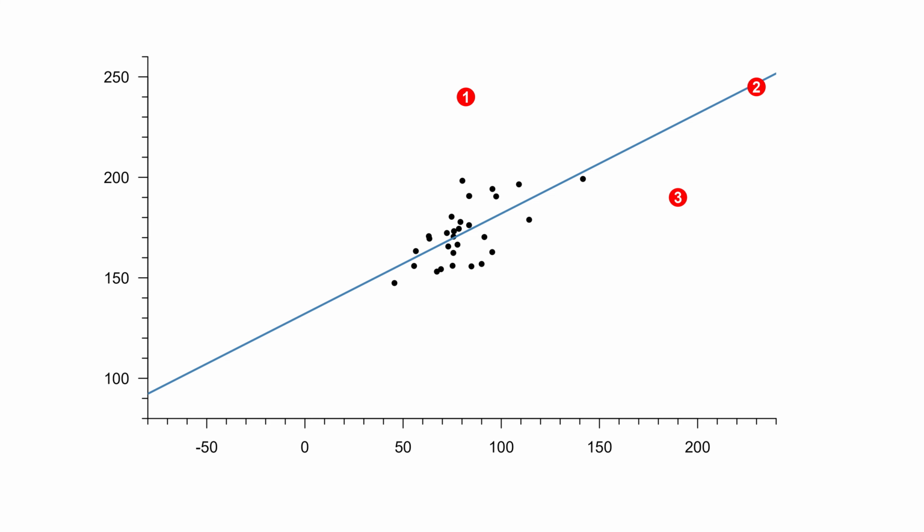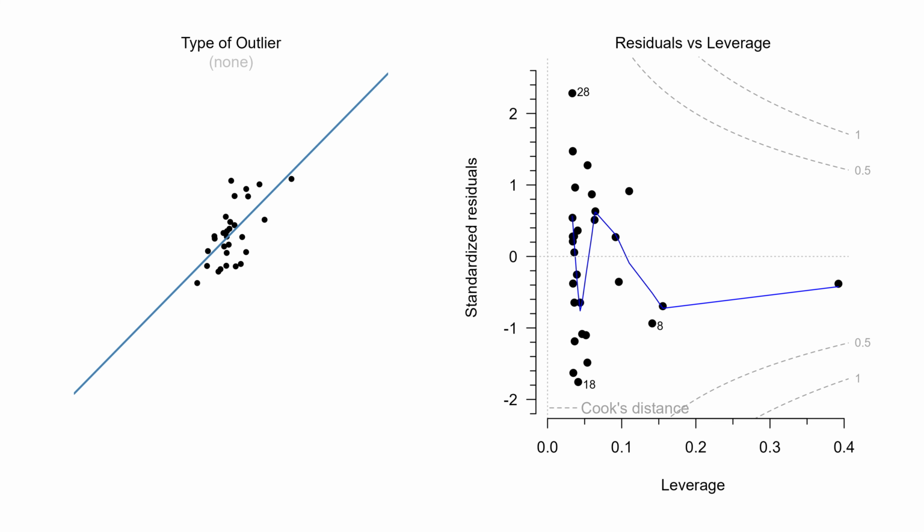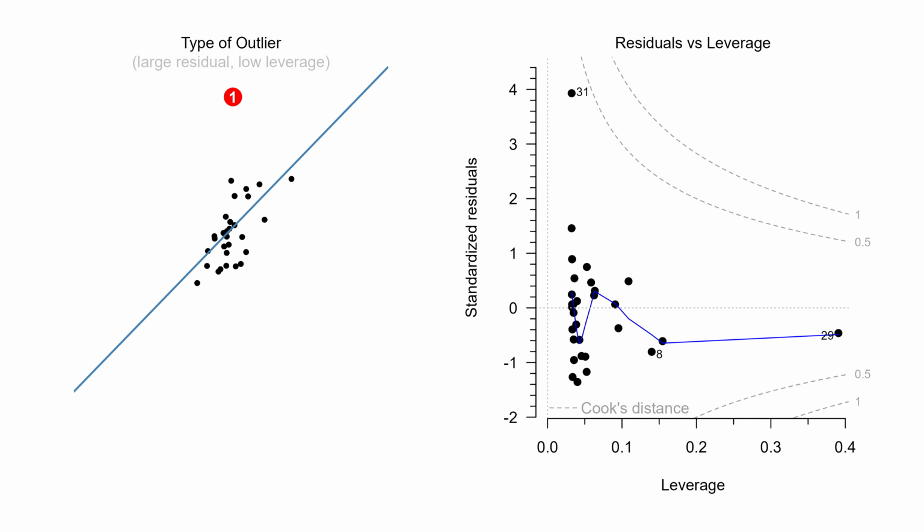Let's use the residuals versus leverage plot to find out. On the left, I'll show the data and the fitted model, and on the right, I'll show the corresponding residuals versus leverage plot. The first example is an observation with a very large residual. Still, since it's close to the rest in terms of the explanatory variable, it has low leverage, and hence only a small effect on the resulting model.